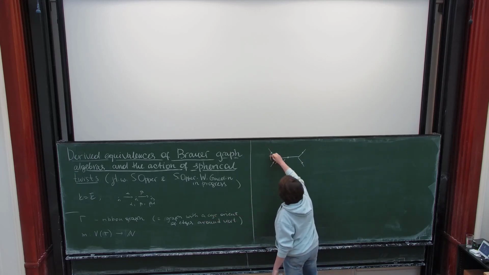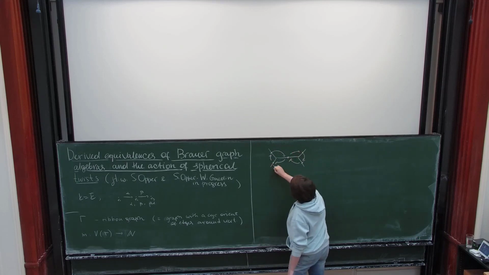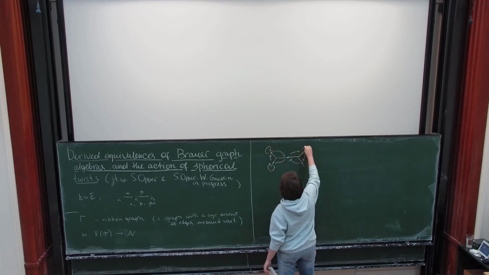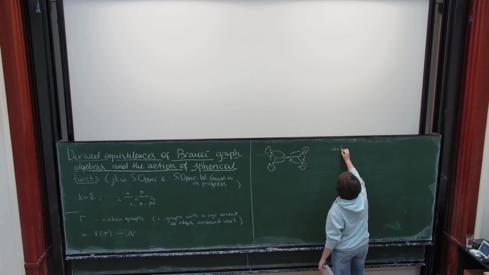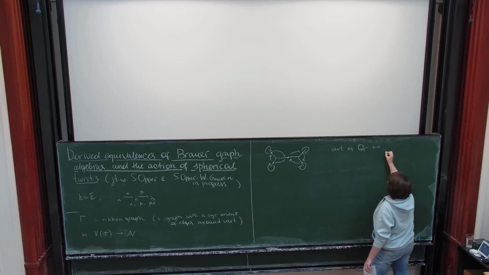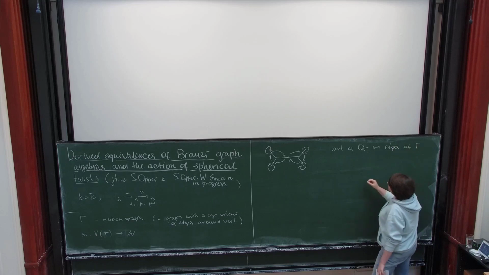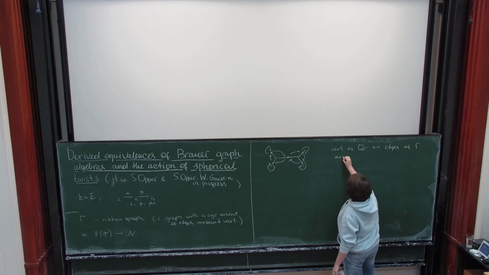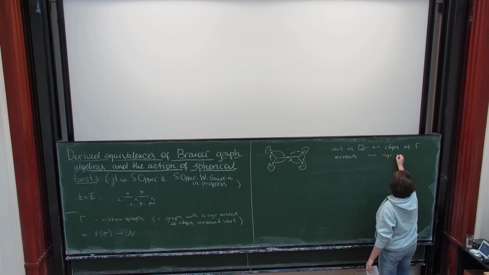So we get something like that. So vertices of the quiver correspond to edges of gamma, and arrows correspond to the cyclic order.